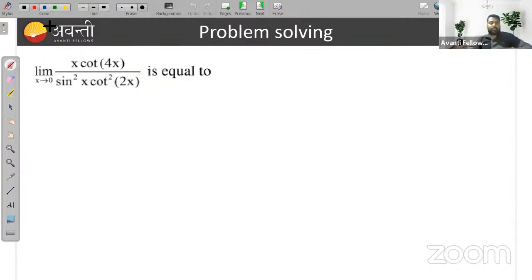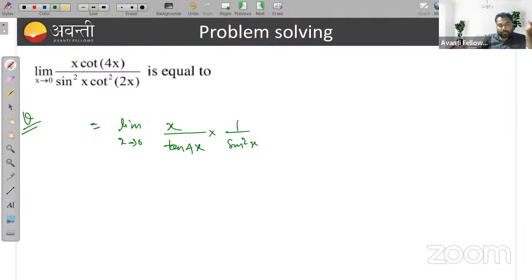Here it's a very easy question. Try to solve it. What is the answer? Limit x tending to 0 of x cot of 4x upon sin square x into cot square 2x, na. So how can we simplify this? Limit x tending to 0, x cot 4x can be written as x upon tan 4x, so x upon tan 4x into 1 upon sin square x into 1 upon cot square, which can be written as tan square 2x.